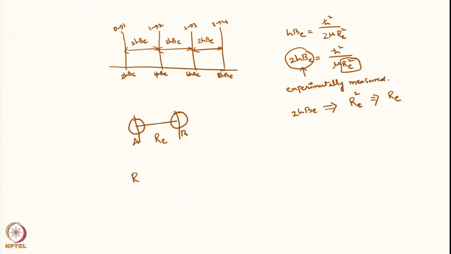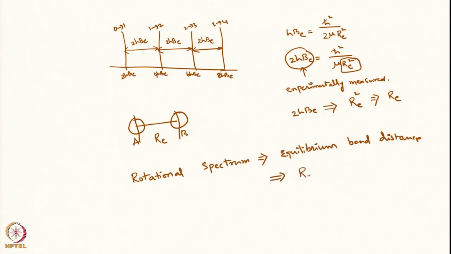So, rotational spectrum gives rise to equilibrium bond distance, which is nothing but your RE.